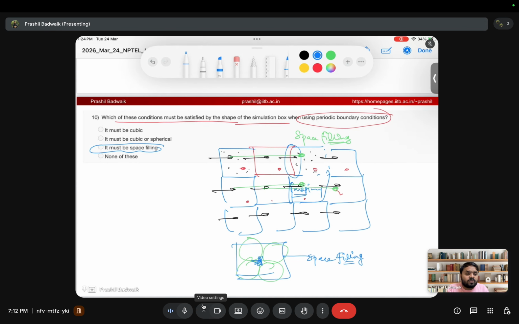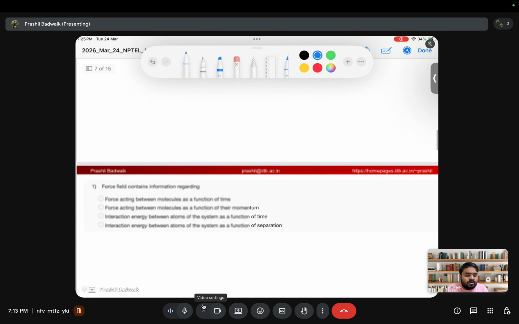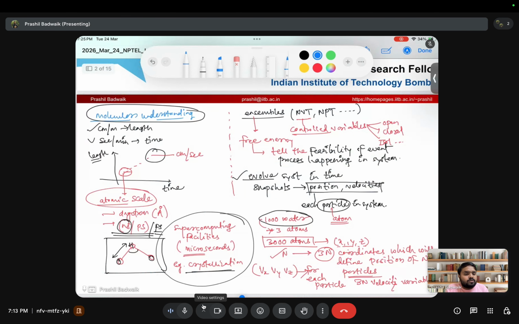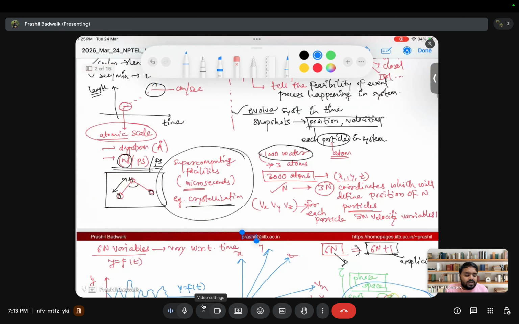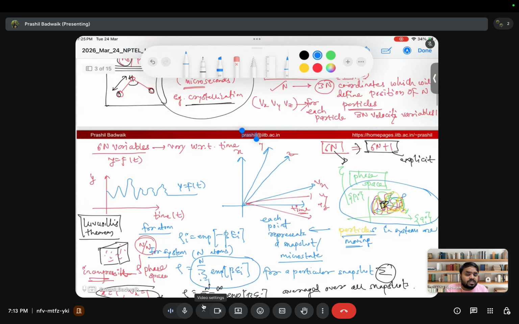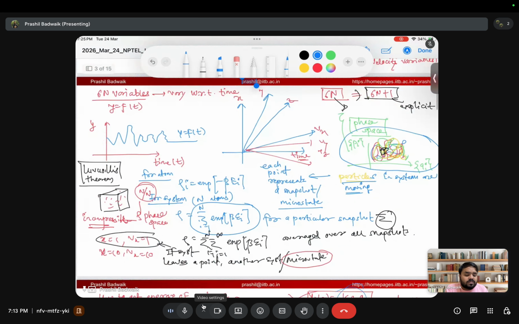So this is about what we have discussed. I'll just quickly go through what we have covered. We are going to understand molecular thermodynamics, and there we are going from a larger scale to a smaller scale, from centimeter to angstrom level. For that we see how the position and velocity of the particle change, and we keep track of that using something called phase space.